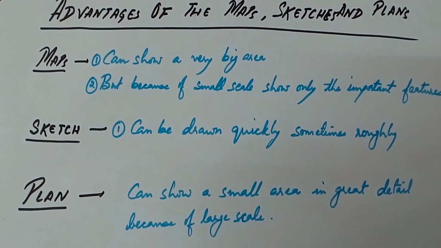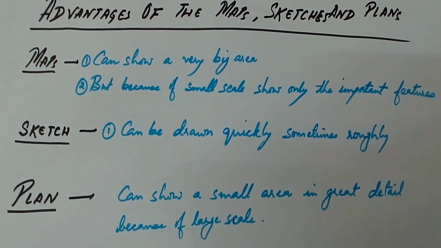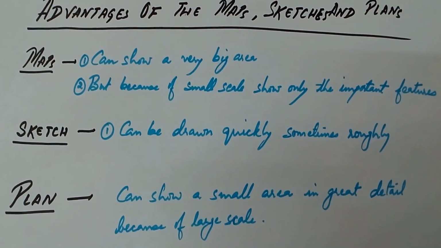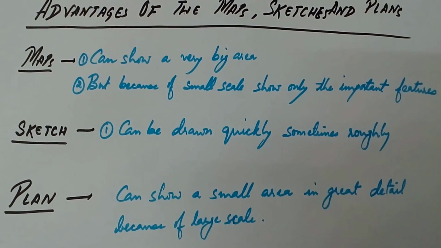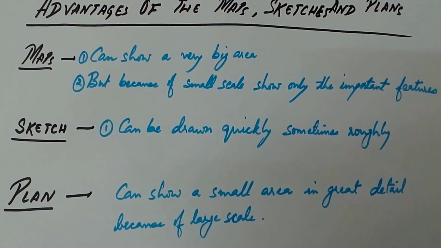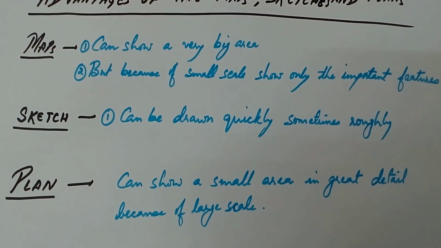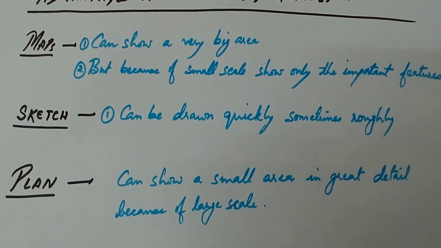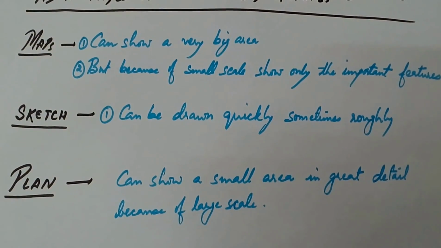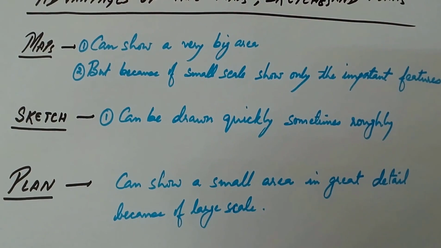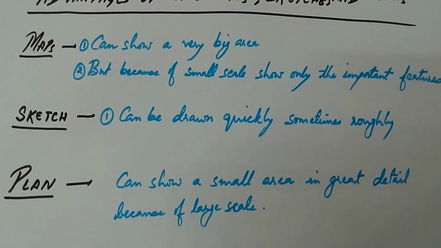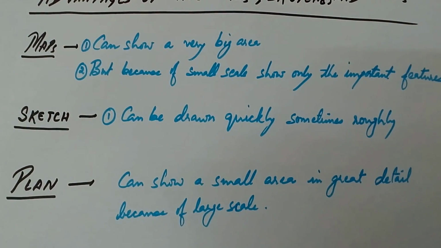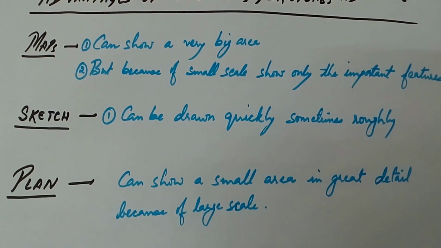Maps show a very big area, but because of the small scale show only important features, while a sketch can be drawn quickly, sometimes roughly. Sometimes it shows the scale and sometimes it does not. Plan can show a small area in greater detail because of large scale. With the help of a plan, we can measure the room or any field with accuracy.